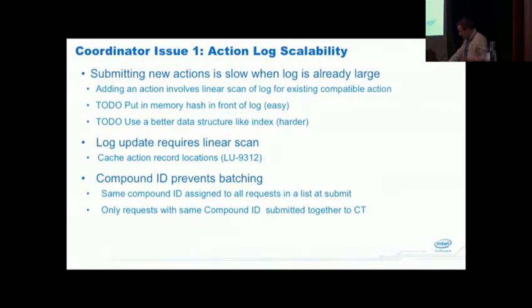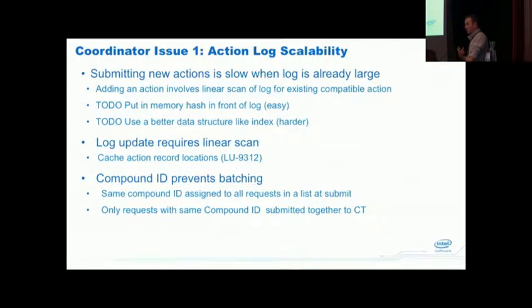Let's talk about some issues with the HSM coordinator. The first issue, and really I think the most painful issue for HSM deployments right now, is just that we're using the wrong algorithms and data structures. So the action log on disk is just accessed in a linear way. So whenever we submit a new action, it can take a long time when the log is already large.